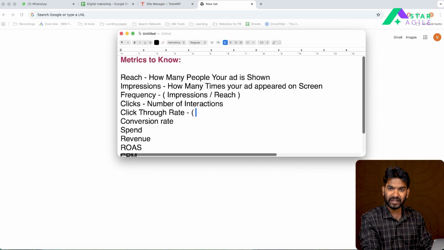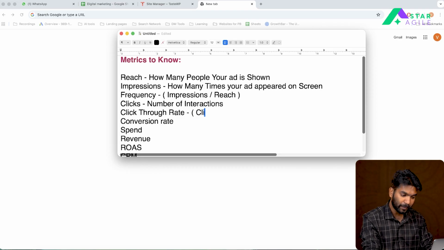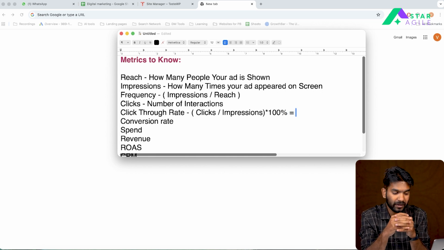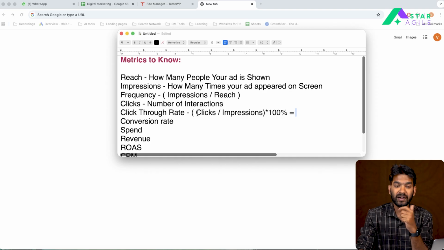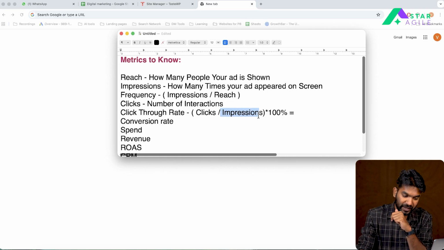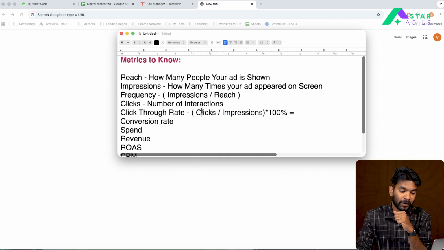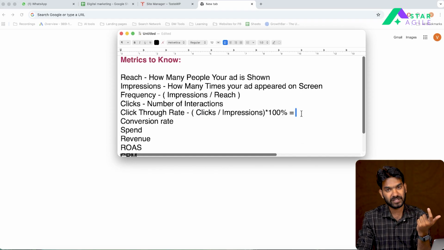Click-through rate is the number of clicks divided by the number of impressions, multiplied by 100, as a percentage. That means if your ad appeared 100 times, the number of impressions is 100. If 30 people clicked on the ad, the number of clicks is 30. Now your CTR will be 30 percent.